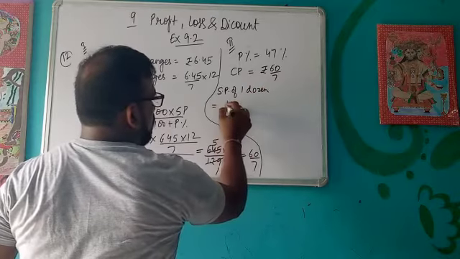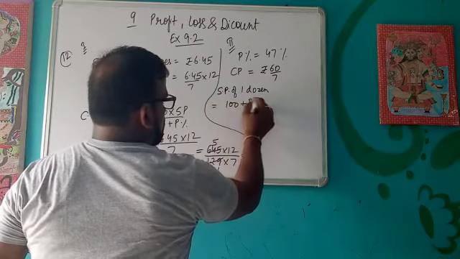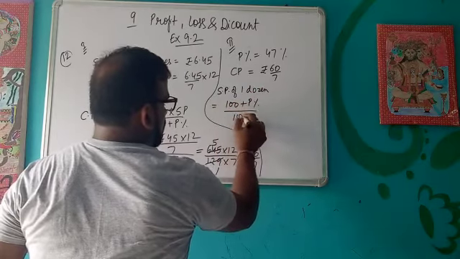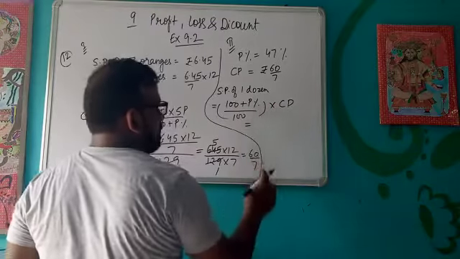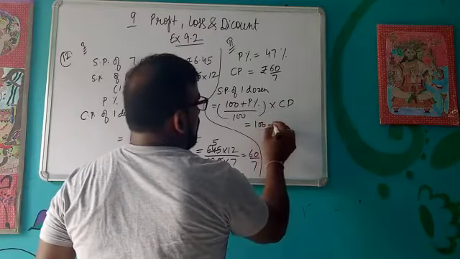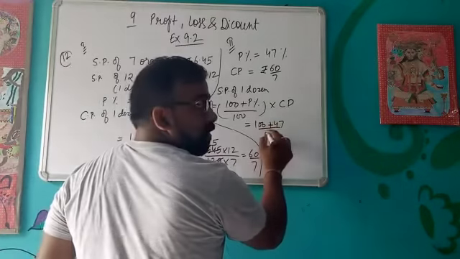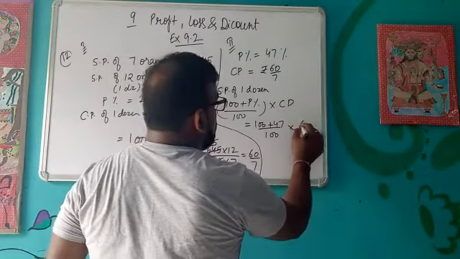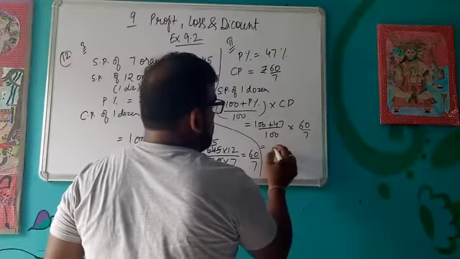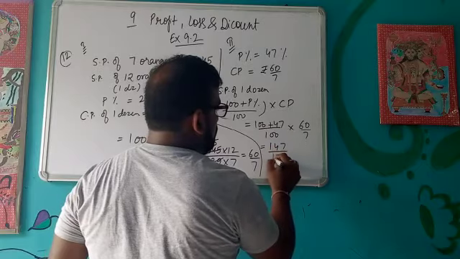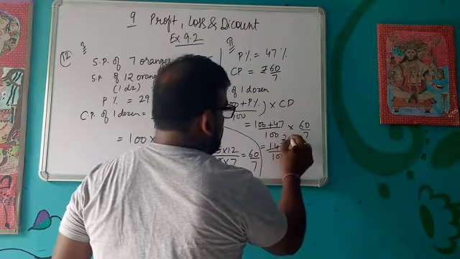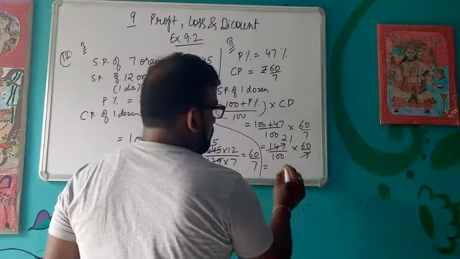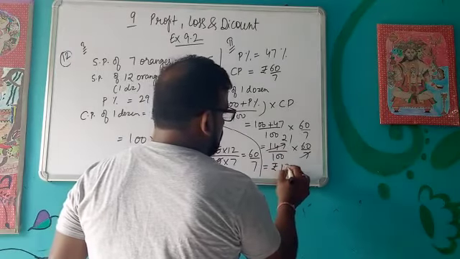And what will be my formula? 100 plus P% upon 100 into cost price, that is 100 plus 47 upon 100 into 60 upon 7. So that will give me 147 upon 100 into 60 upon 7. So that will be rupees 12.60.